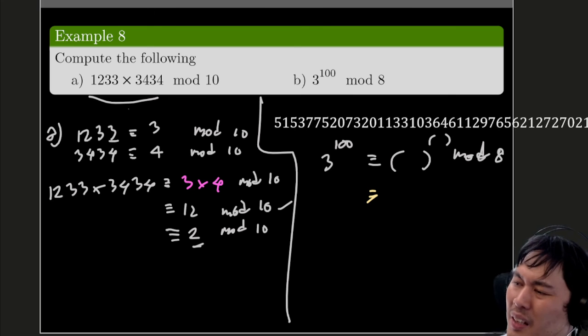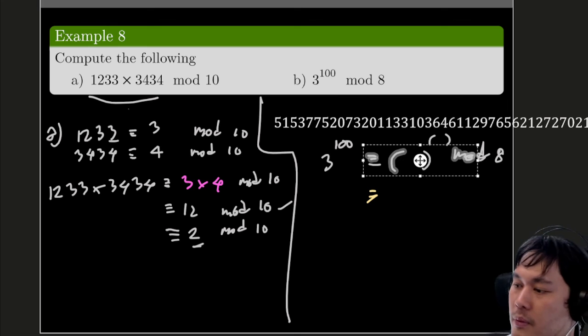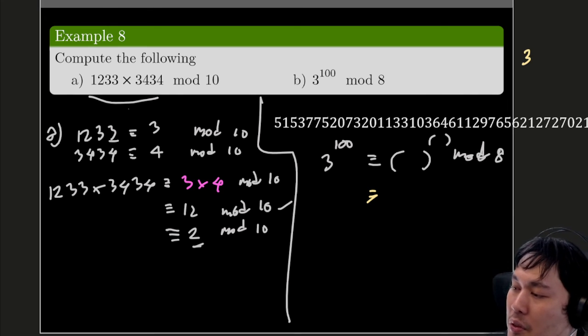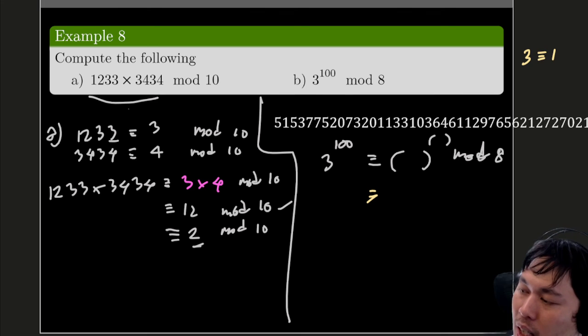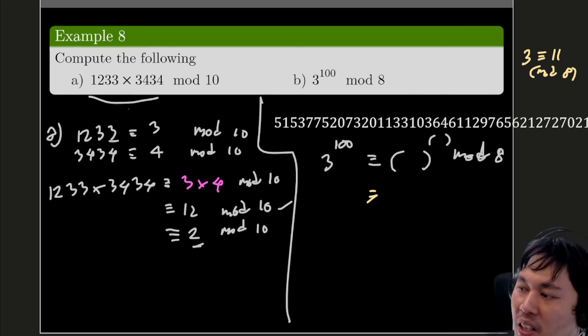First, can we find the relationship between 3 and 8? Maybe not. If you wanted to change 3 to something else, maybe you get 12 mod 8, and 12 is not a friendly number. 12 is still large.